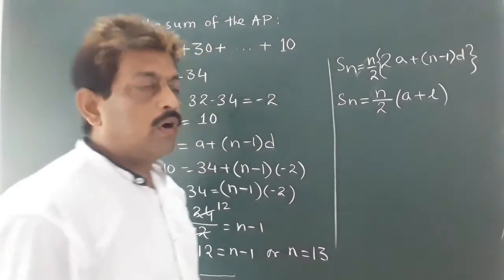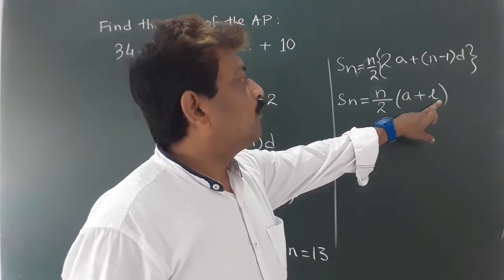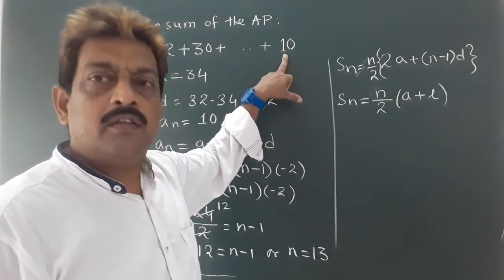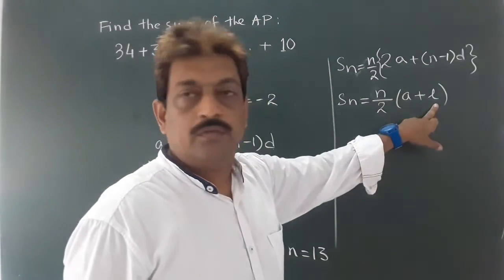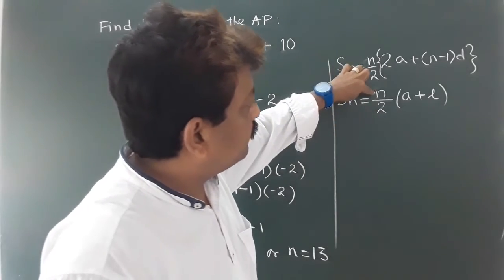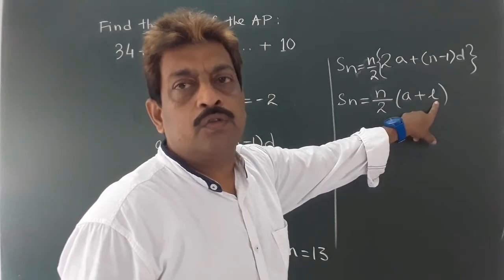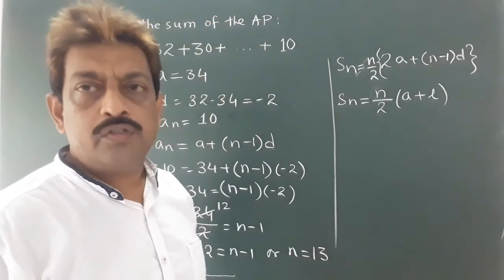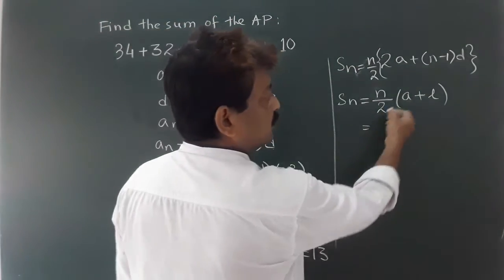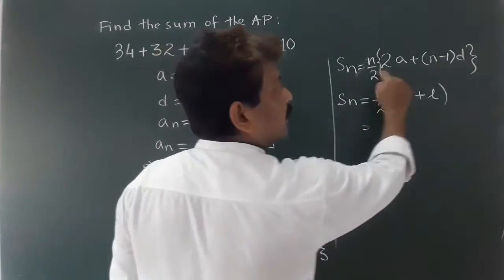Now why shall I use this formula? Because the last term, the nth term, is known. So here we know the value of n, we also know a, and we also know l. So we are going to use this formula. Calculation will be a bit easier than this one.